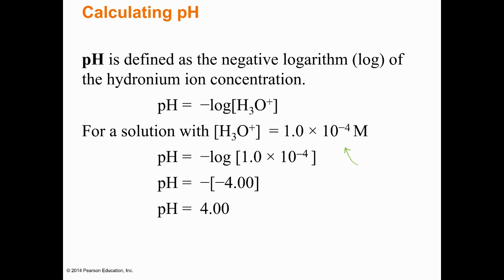The other thing I should mention is that if this has 2 sig figs, our pH will have 2 decimal places. Our pHs normally have 2 decimal places; it's really unusual to see them with less than 2 decimal places. So double check that on your calculator.